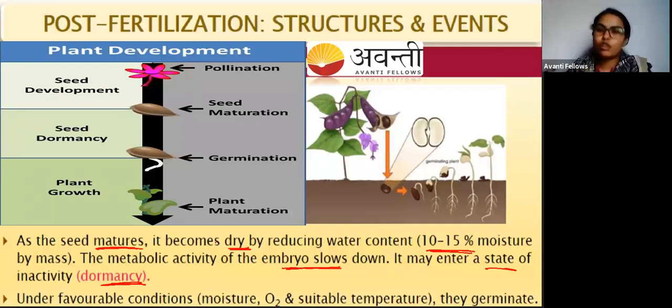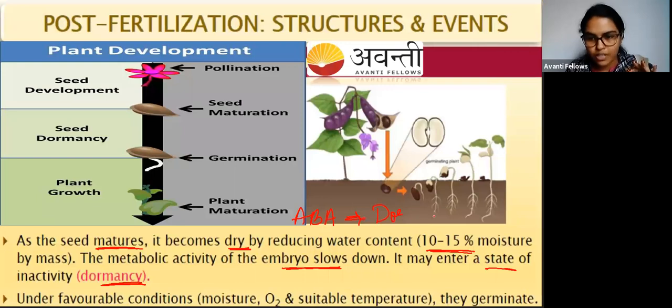Then the fourth possibility is that there are some hormonal disturbances, some hormonal stress might be there. So what happened, ABA actually promotes the dormancy.